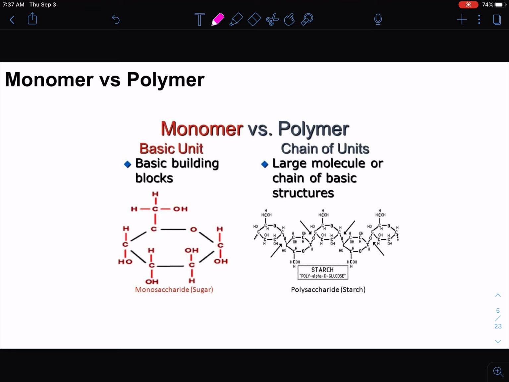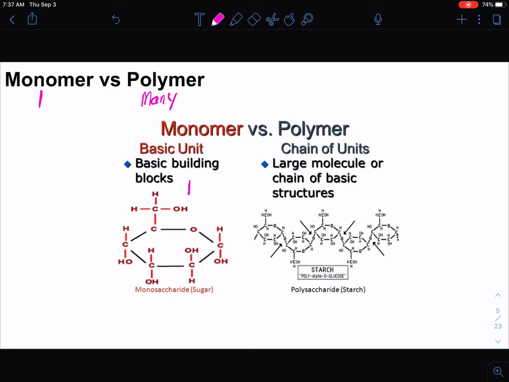And as we start to get into the molecules, now we're looking at monomers versus polymers. Monomers are basic units, and polymers are chains of units. So when you see monomer, we're talking one. Monomer means one. Polymer means many, poly.